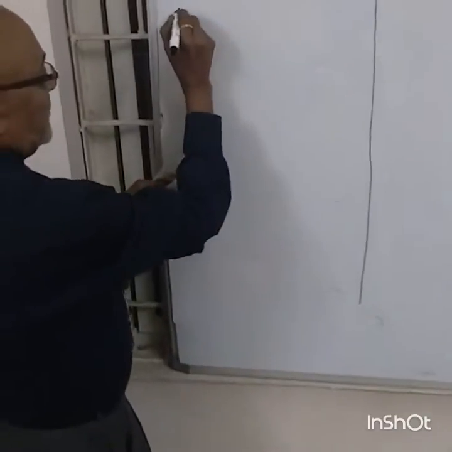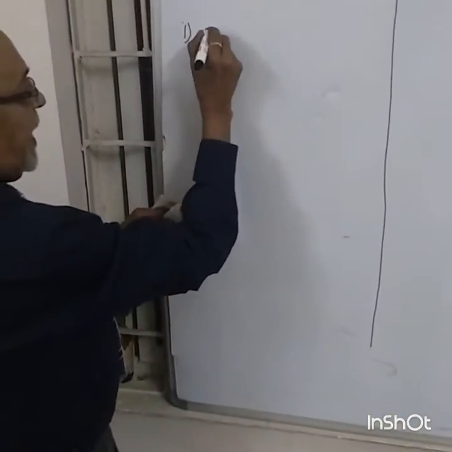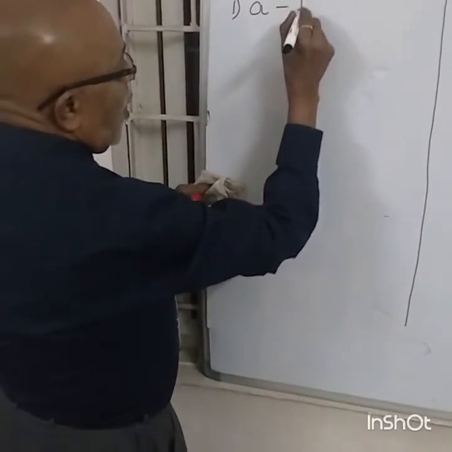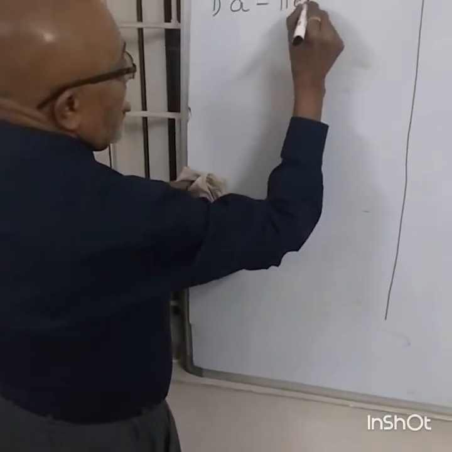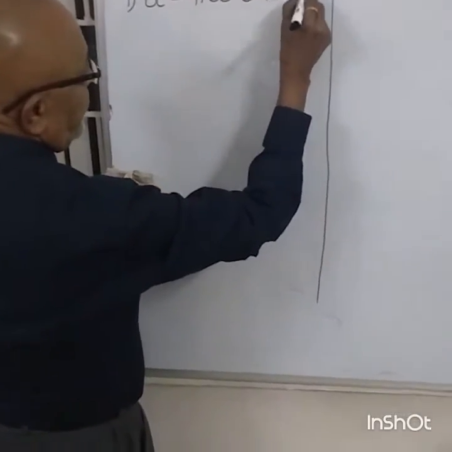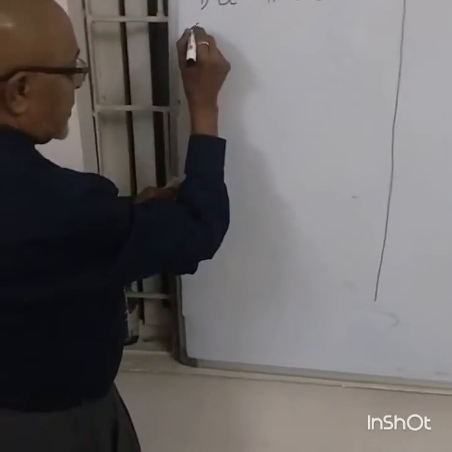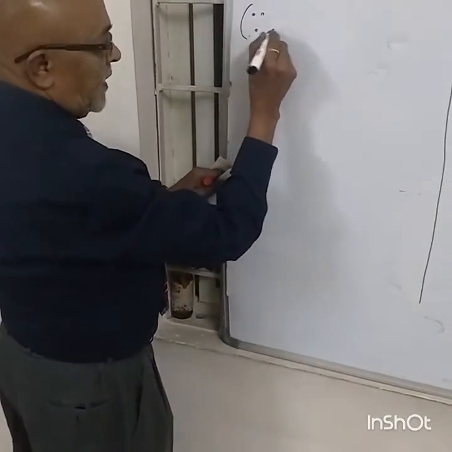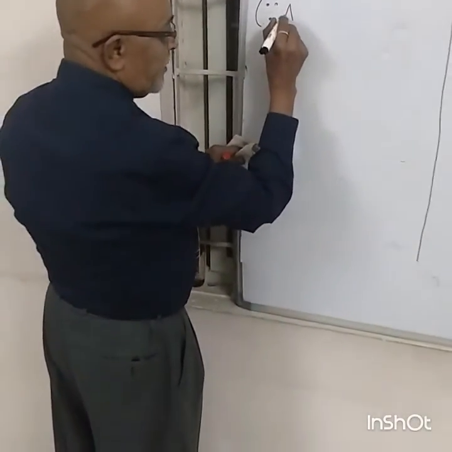Therefore, the second end of the straight line, that is B dash, will be 50 mm above XY.